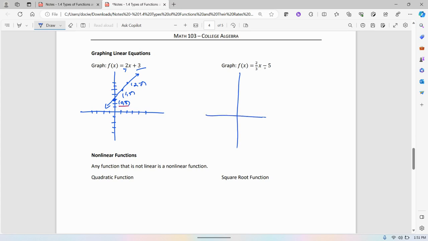Let's do another one. f(x) = 2/3 x - 5. Here's another alternative to just picking the points, right? We're putting the y-intercept and then plotting points from the slope. If x is 0, y is going to be 2/3 times 0, which is 0, minus the 5 is -5. So that gives me the point (0, -5).